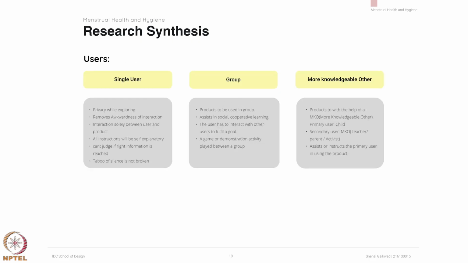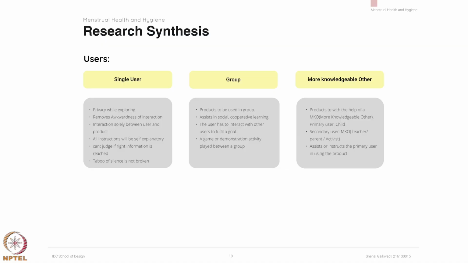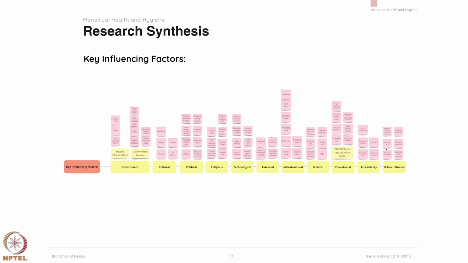Is it a single user, a personal product which the user explores himself, or will a group of individuals sit together and explore, or will a more knowledgeable other like teachers or activists come and explain through the product that we are introducing? Then, what are the key influencing factors, like the role of government, how can we introduce government in this product delivery, and what are the cultural, political, and other aspects?